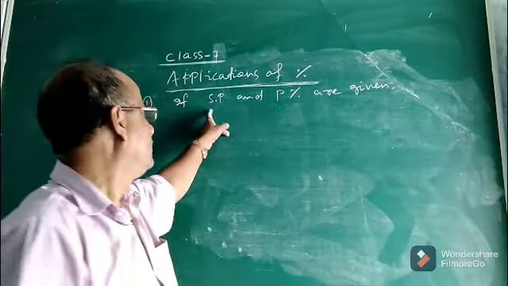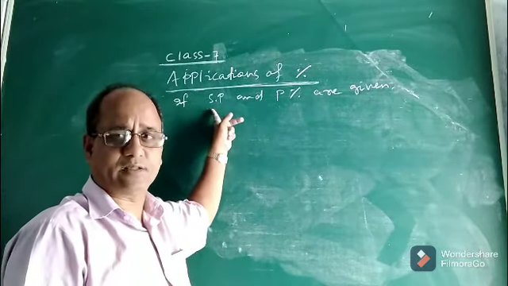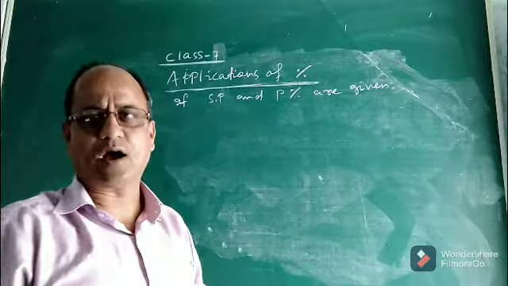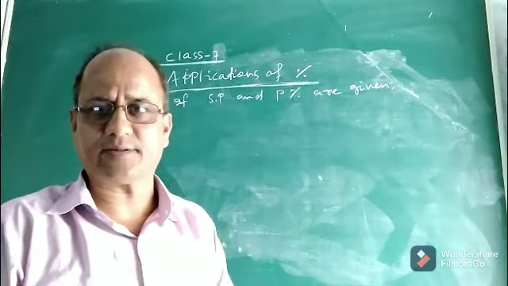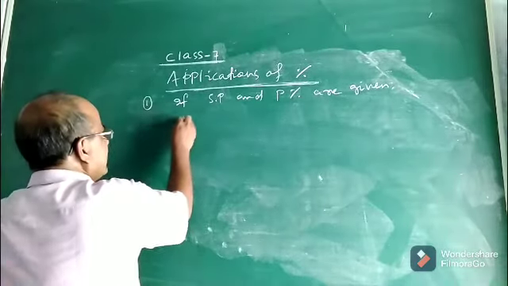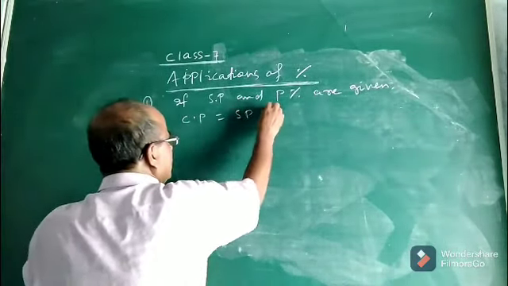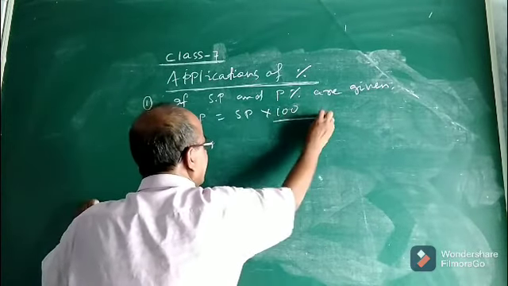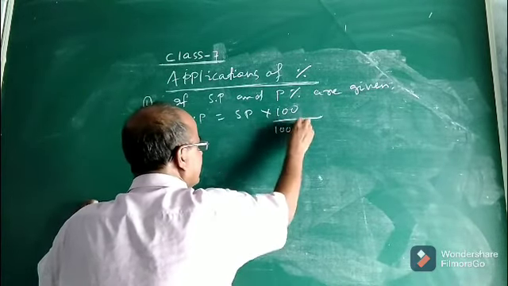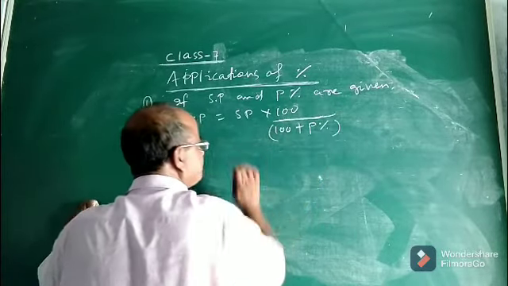So now the question is, suppose the selling price of an article and the profit percent are given. How to compute the cost price? The formula is CP equal to SP into 100 by 100 plus profit percent, or gain percent, whatever you say.